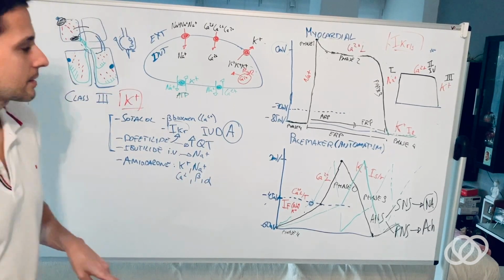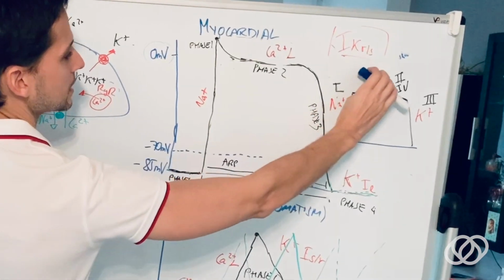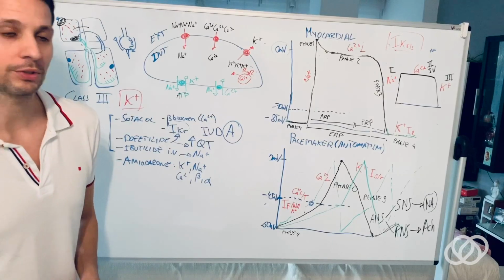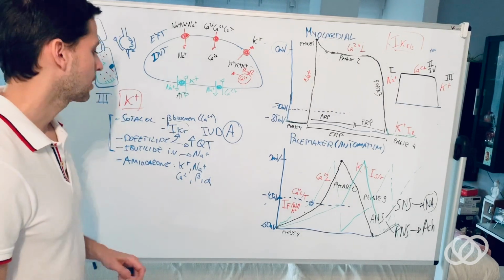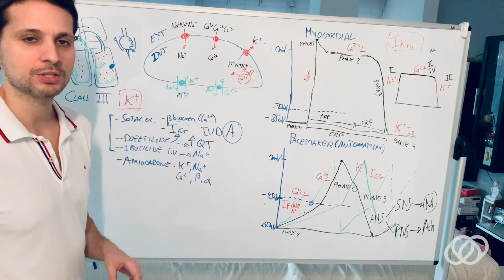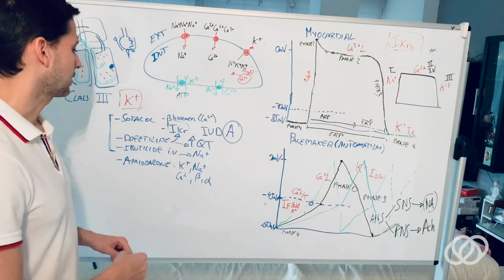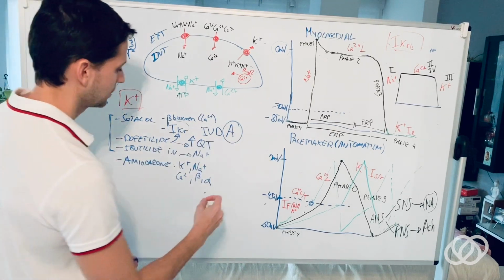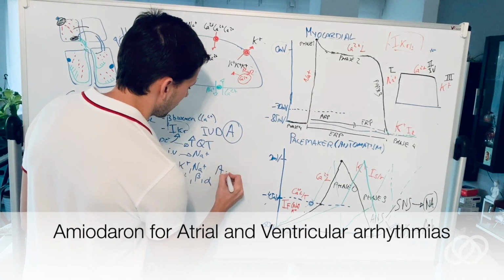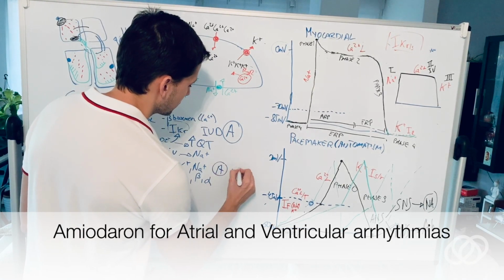So it acts on every side of the trapezoid. That's why amiodarone is very useful, and we use it a lot because it's very effective. It doesn't matter whether it is an auricular or ventricular arrhythmia.